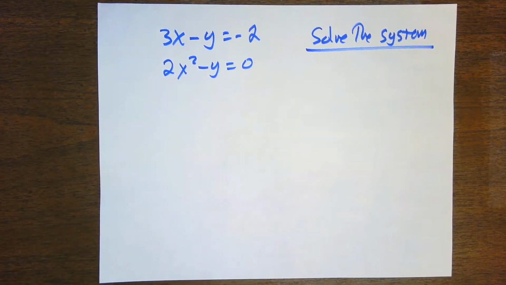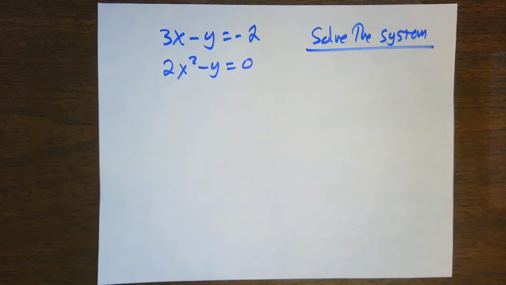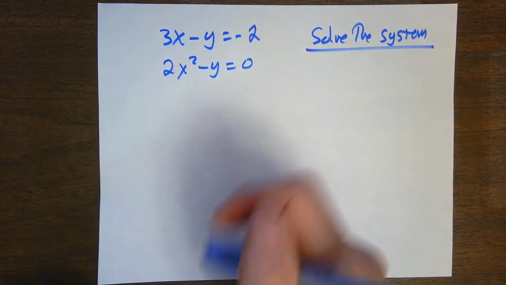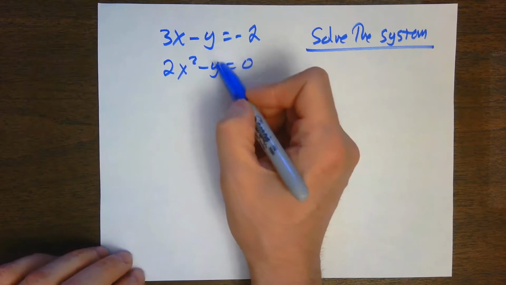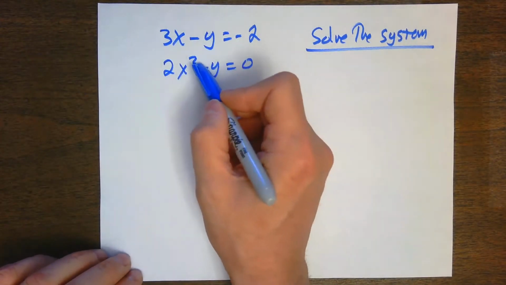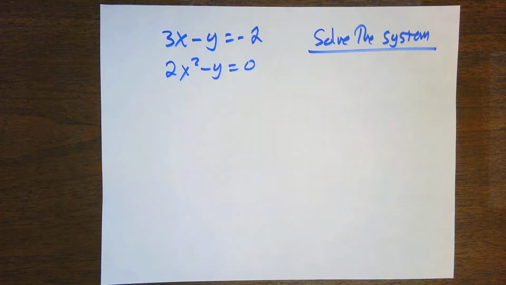When we solve the system, we can do it graphically, although we're not going to do it graphically by hand. Have your calculators nearby, because after we solve this one algebraically, we're going to do it on the calculator as well. Solving systems when I've got a line and something other than a line, or maybe both of them are non-lines, we're going to think about the two different symbolic methods.